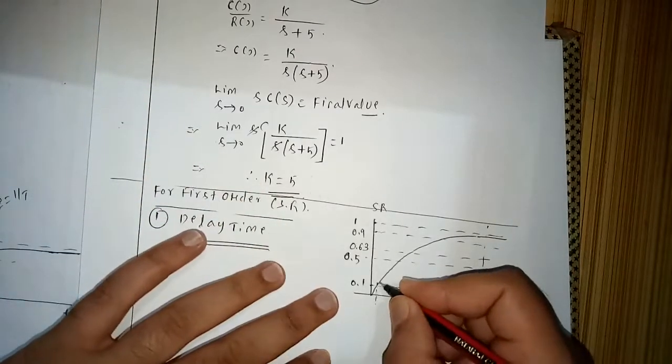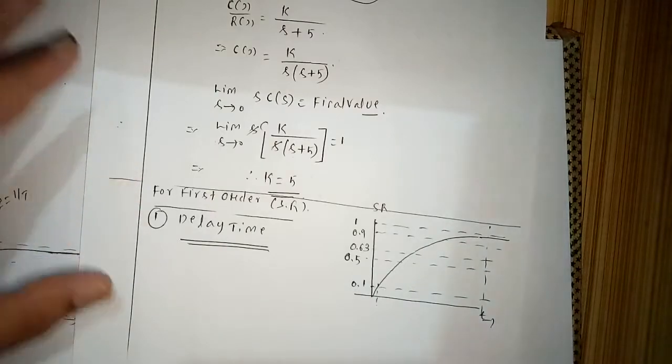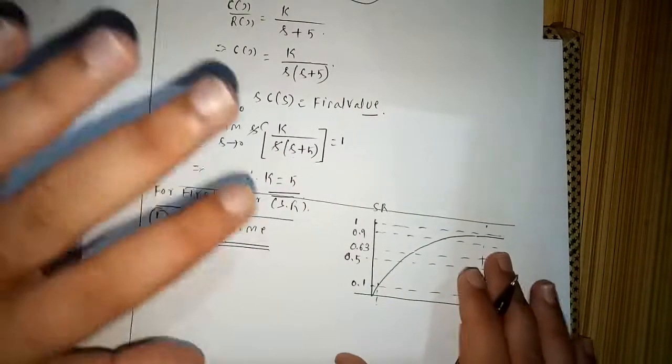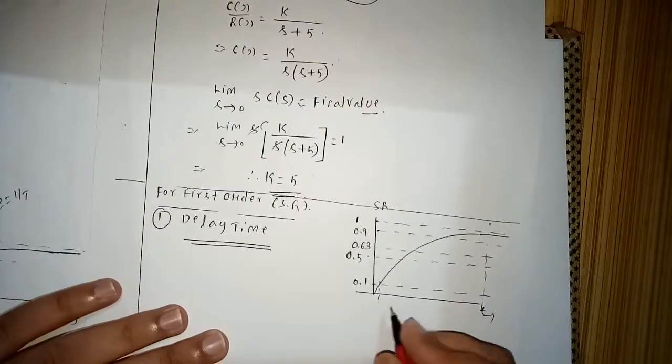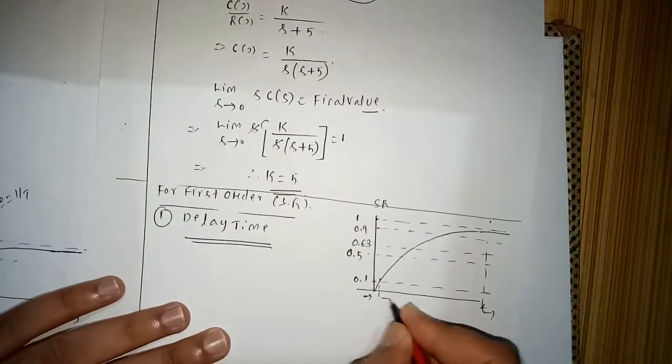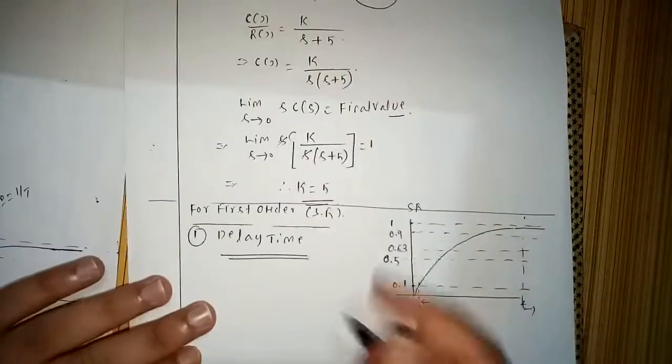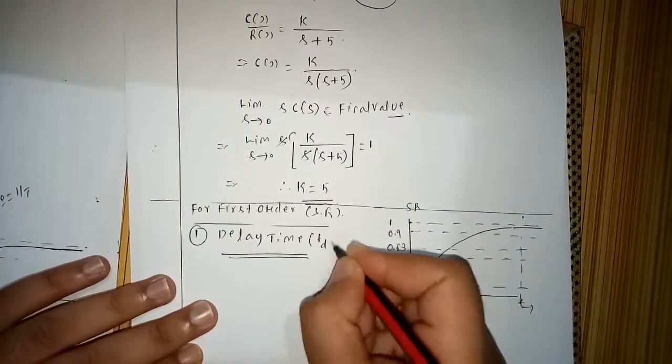Before this I cannot measure anything, so we take this as delay time. So this I define as delay time, and I write it as TD.